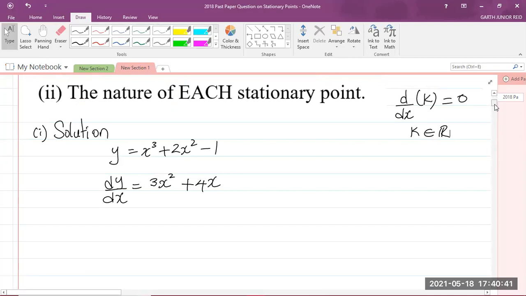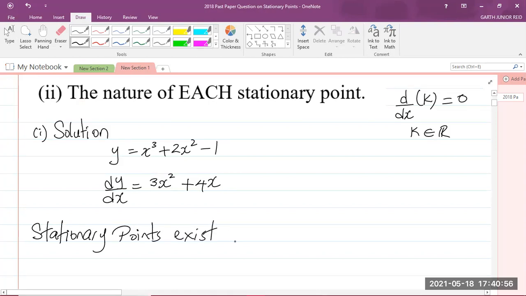Remember that we're trying to find the stationary points now. So I'm going to make a statement here and say that stationary points exist when dy by dx is equal to 0.